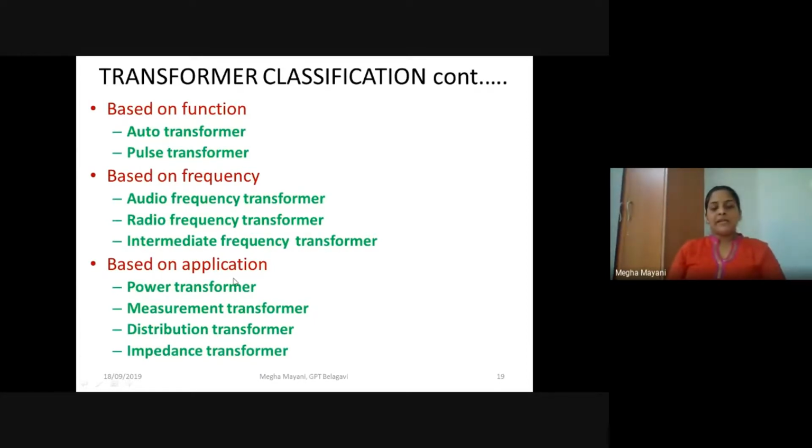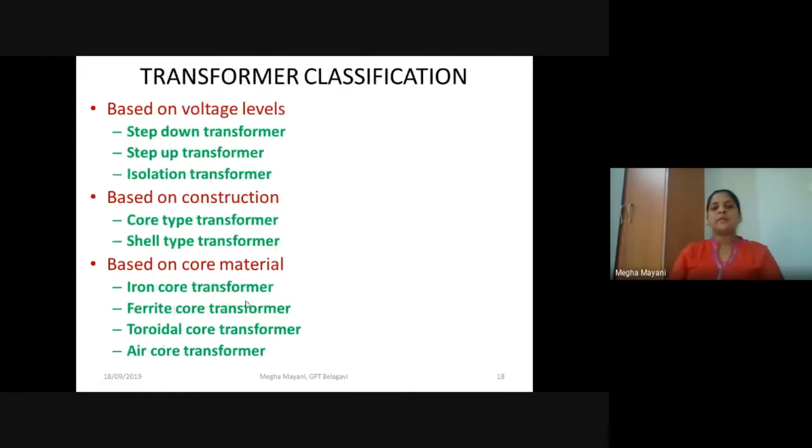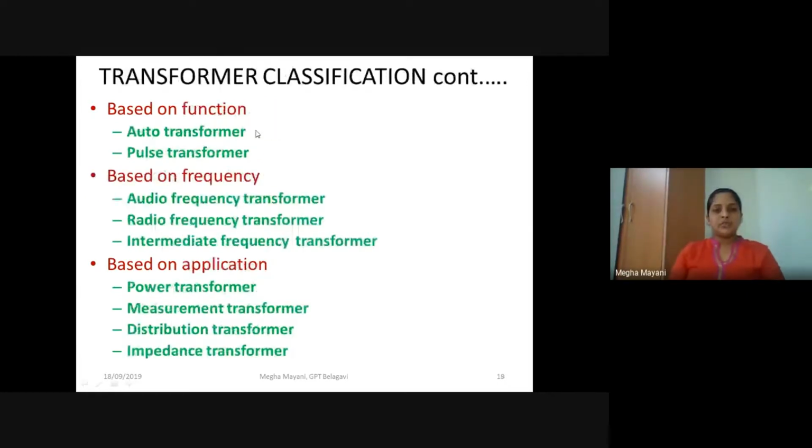Coming to the application, the transformer can be a power transformer, it can be a measurement transformer, it can be a distribution transformer, or it can be an impedance transformer. So I could summarize, or I could pick up some important types of transformers which are used based on voltage levels, based on constructions, based on core material, based on functionality, frequency of operation, and also the application.